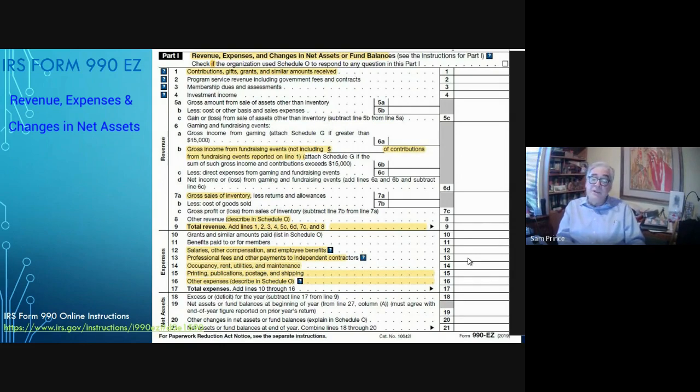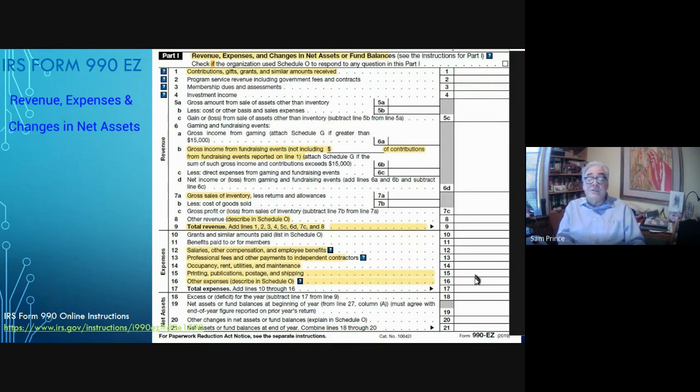If you own a building or you rent a building or an office and you pay utilities and you have other expenses, like you pay a janitorial service to clean the offices at night, you pay a lawn care service to take care of any grass that you have around your property, that's where you would list those expenses. Printing, publications, postage, and shipping. Anything that you have that would qualify as those expenses are listed under 15.